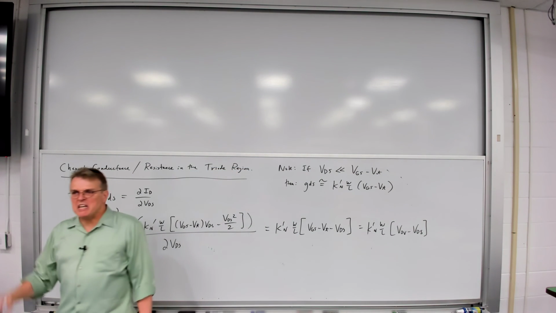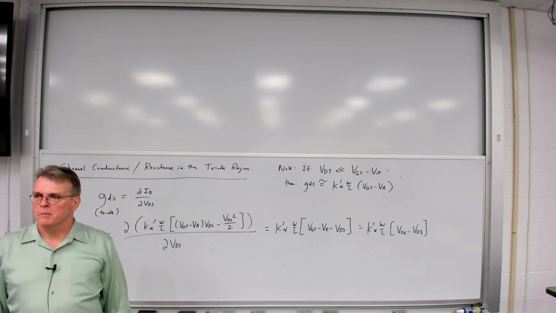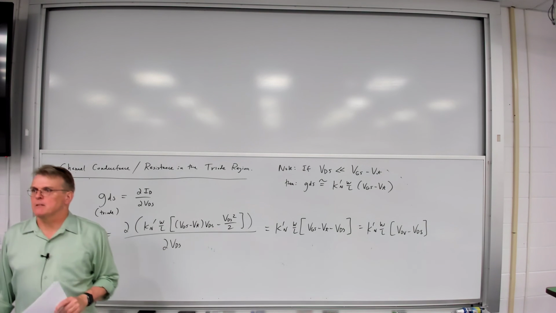So for small VDS, I can just ignore that VDS term as long as it's much, much less than VGS minus VT.